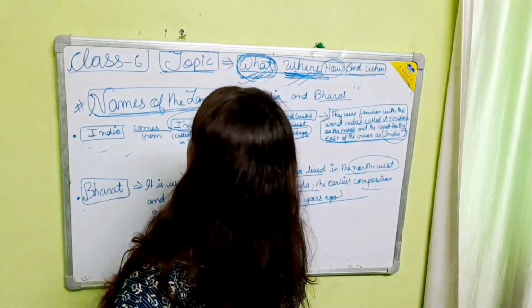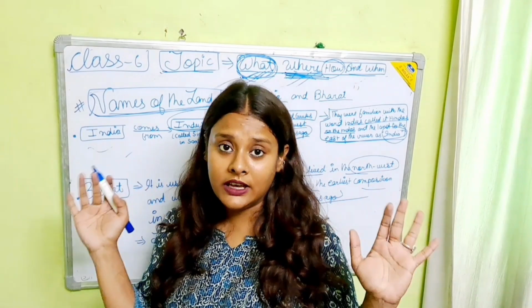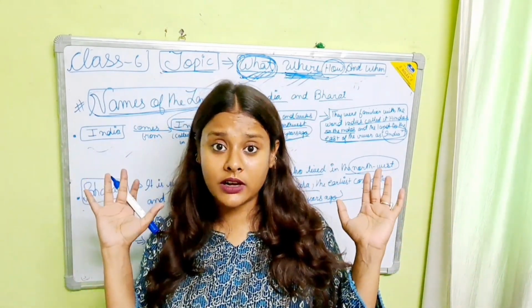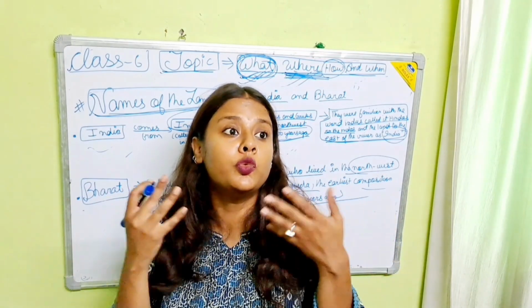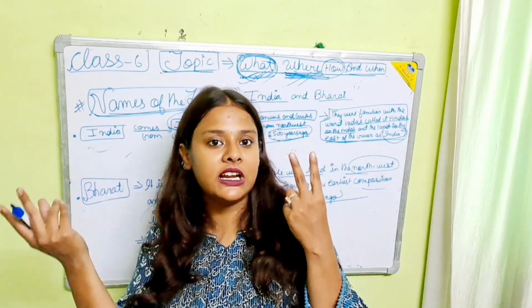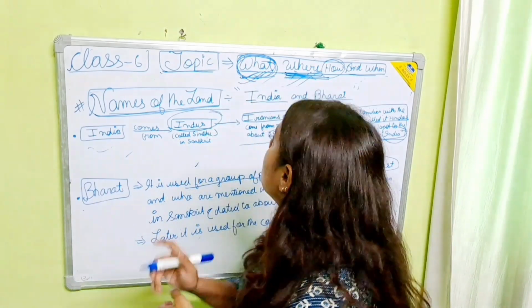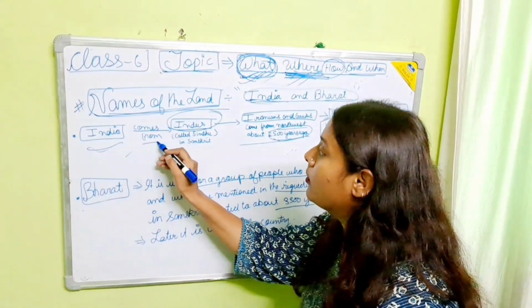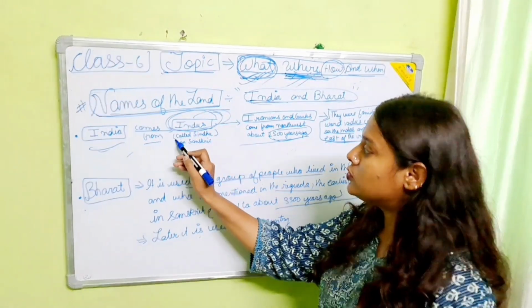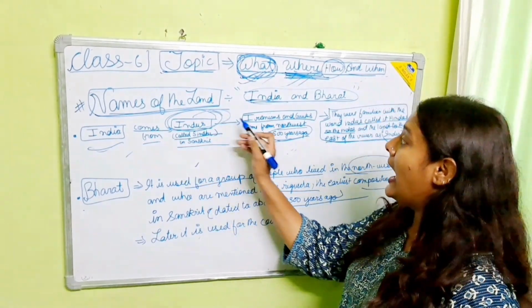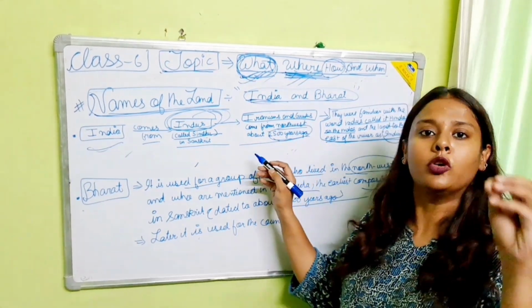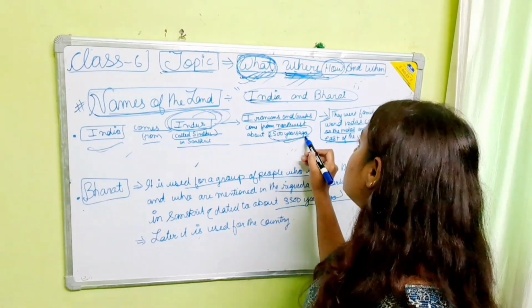Names of the land. The country in which we live is India and it is also known as Bharat. Now we are going to learn where these two words, India and Bharat, come from. India comes from the word Indus, which is Sindhu in Sanskrit. Iranians and Greeks came from the northwest about 2500 years ago.